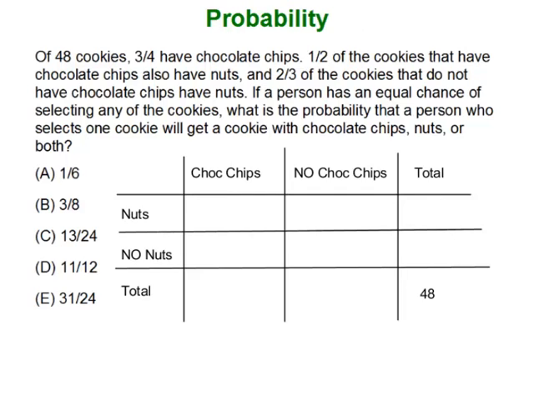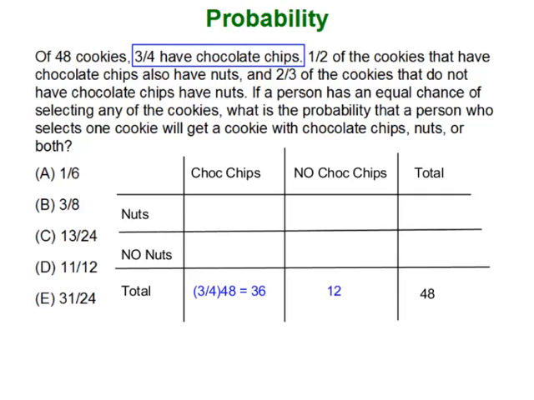So let's work our way through the given information. We already have captured that 48 cookies are there. Moving left to right through the text, go clause by clause. Don't try to deal with more than one thing at a time. So 3/4 of those 48 cookies have chocolate chips.